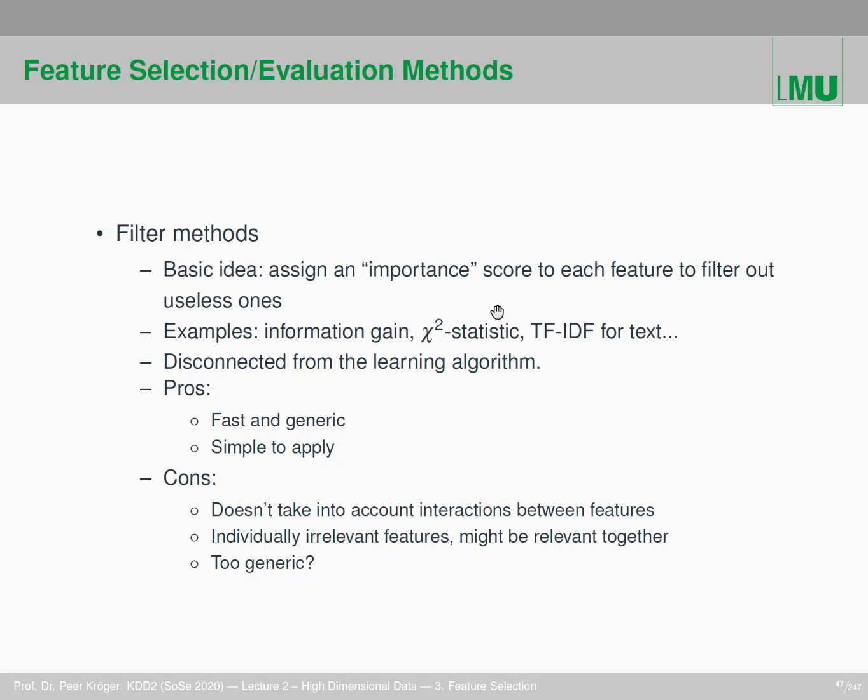Information gain and chi-square statistics are very general measures, but as you can see, you can even come up with application-specific importance scores like TF-IDF. The most important feature of those methods is that they are disconnected from the learning algorithm.